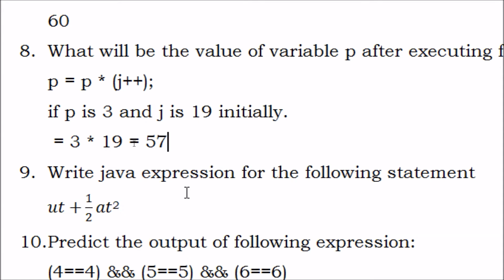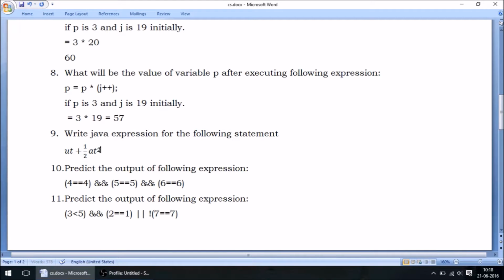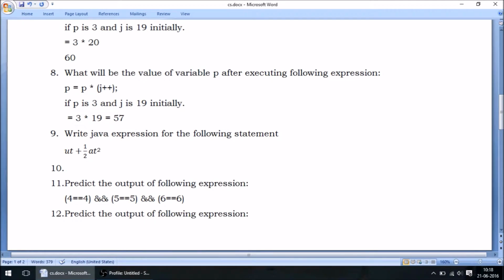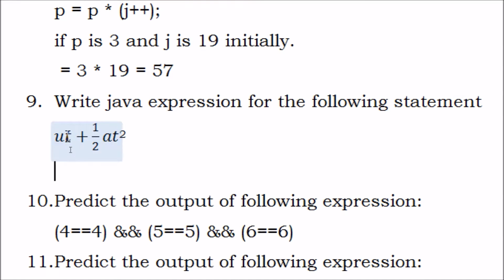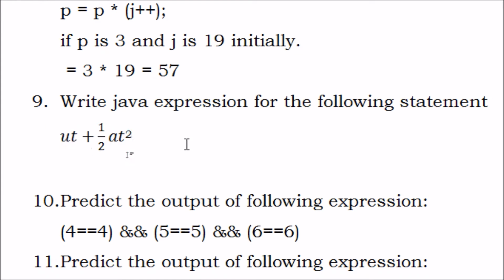Okay, moving on to question number 9. It's a bit different. It's, I think, a formula of kinetic energy. Okay, fine, so let us read out this question. You have to write the Java equivalent for this equation, meaning how will you write this particular thing in Java?